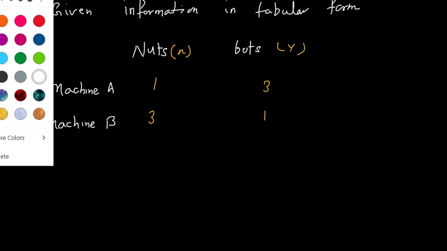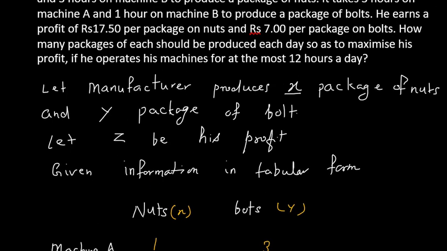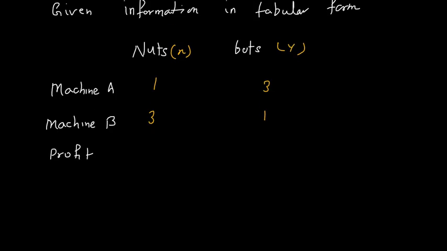Now regarding profit, when we produce one package of nuts, the profit is rupees 17.5. So profit here is 17.5 and here profit is 7. This is his profit.